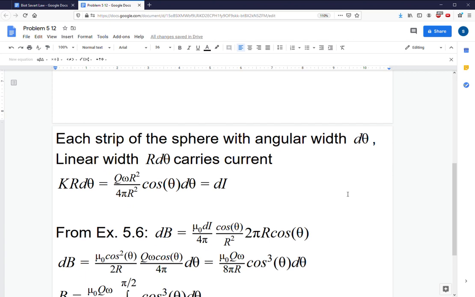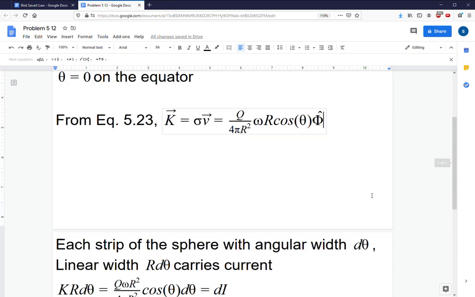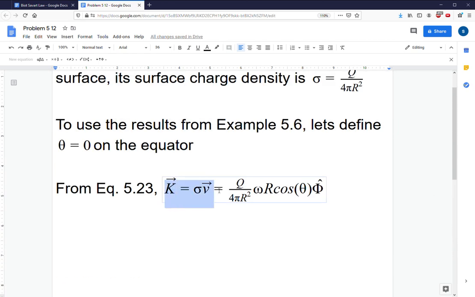Next, we're going to look at example 5.6. Example 5.6 tells us the magnetic field at the center from a ring of current. This tells us how the current is distributed over the surface.